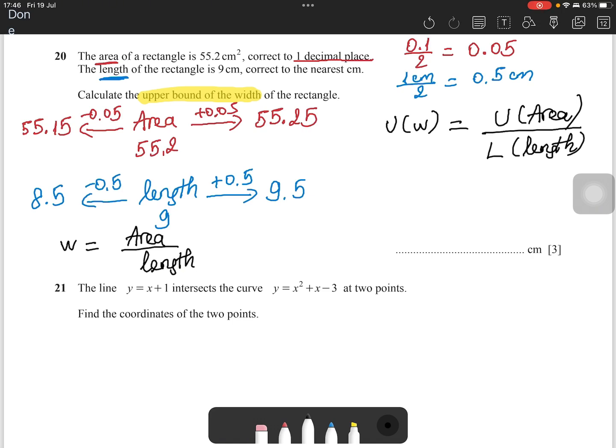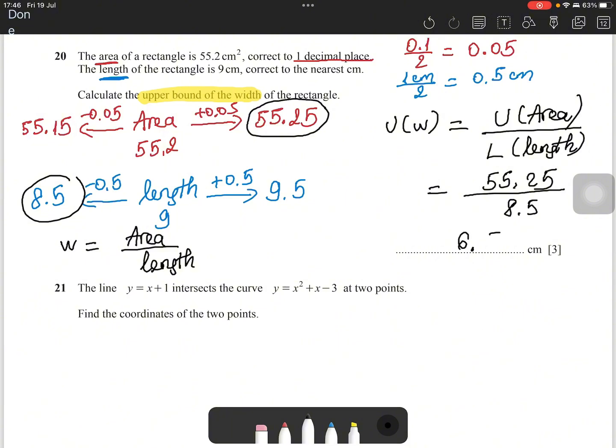So the upper bound of the area is 55.25. And the lower bound of the length is 8.5. So the answer is 6.5 centimeters.